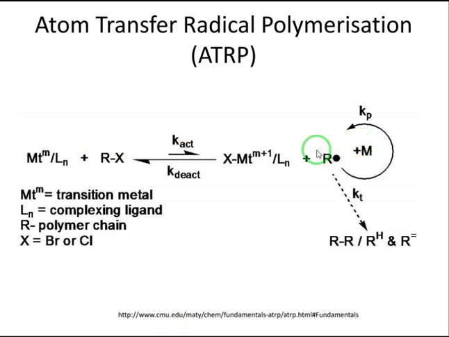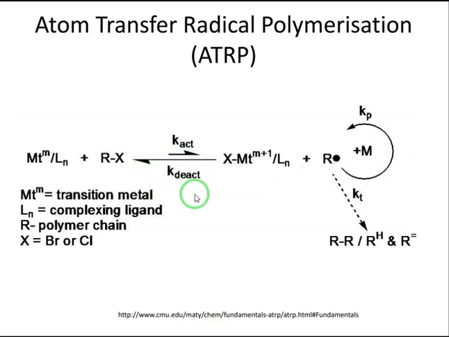And it tells us that because this constant is smaller, the availability of the radicals for the polymerization and for the propagation will be decreased, okay, because this constant is smaller compared to the reversible one.